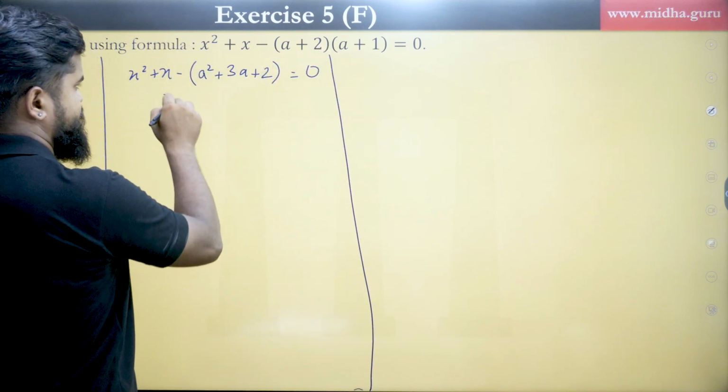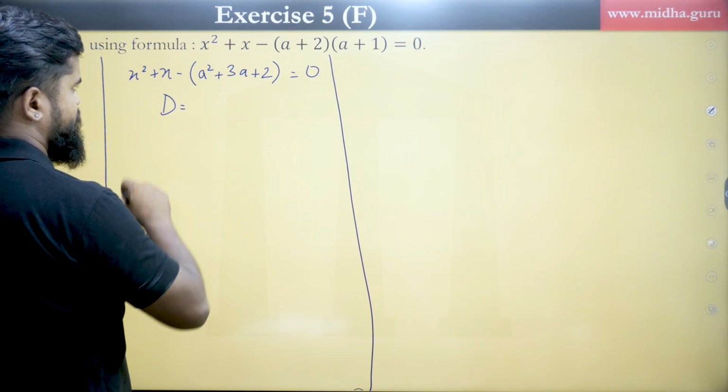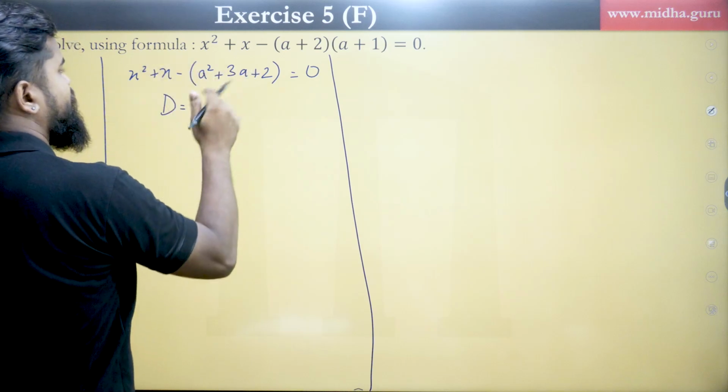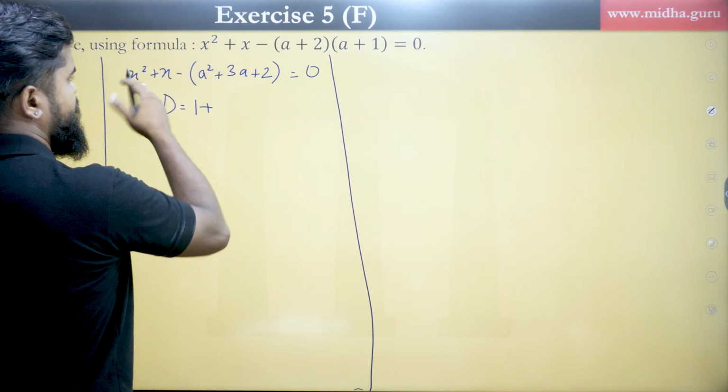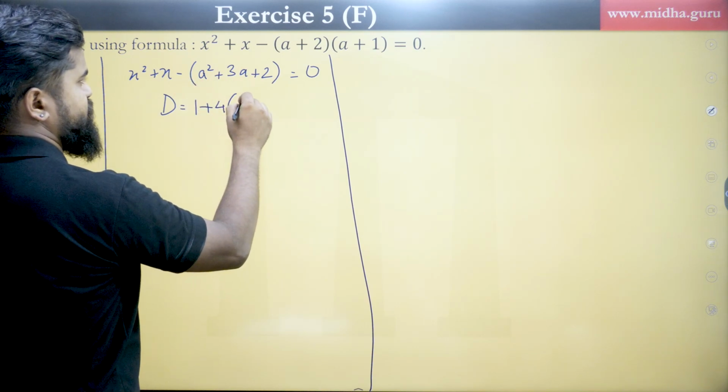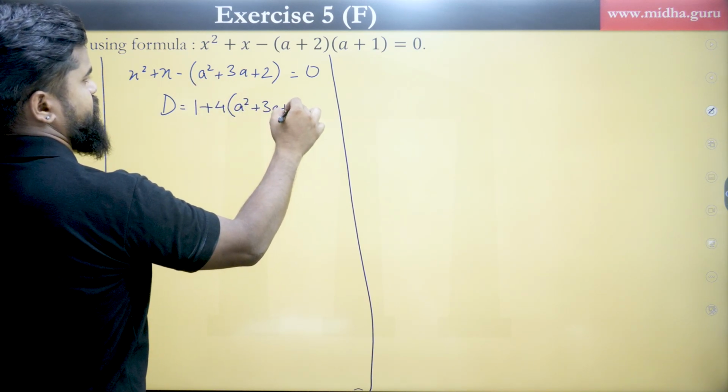For that, again, we need the discriminant. Now the discriminant is b square, since 1 square is 1, and 4 into ac. As a is 1, we'll just multiply 4 into c. As it is minus ac, it becomes plus 3a plus 2.